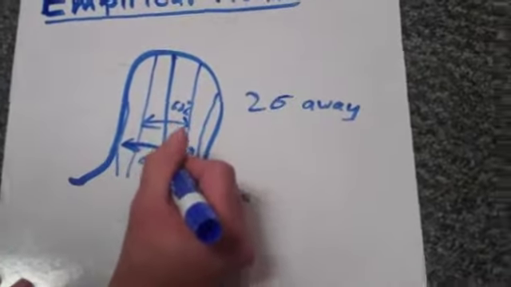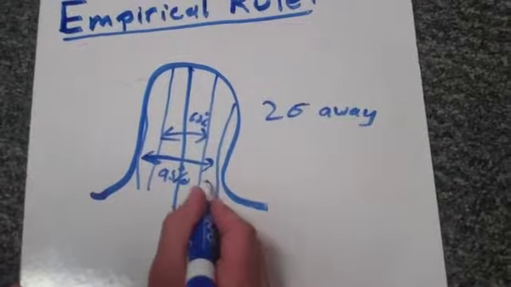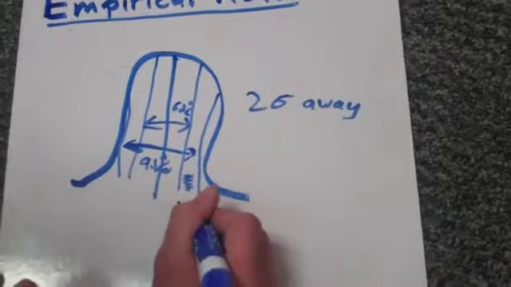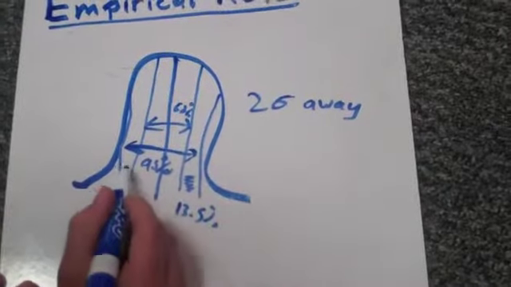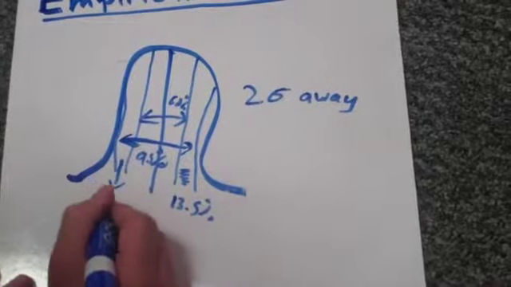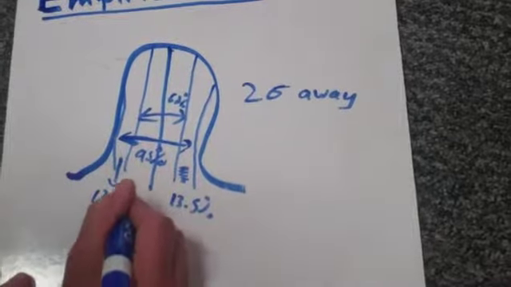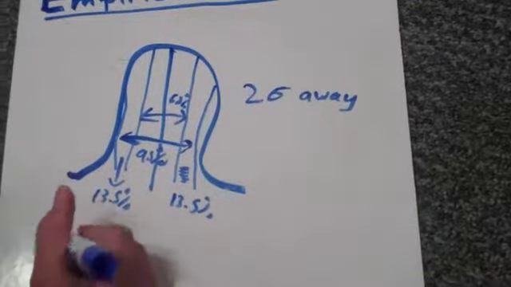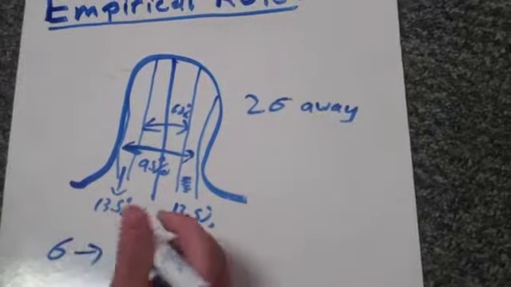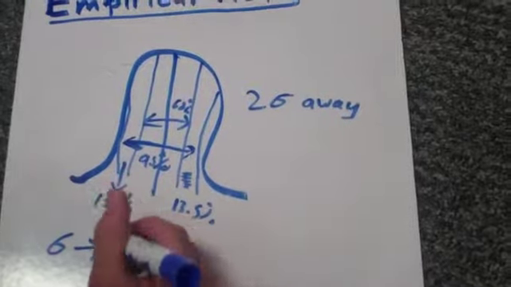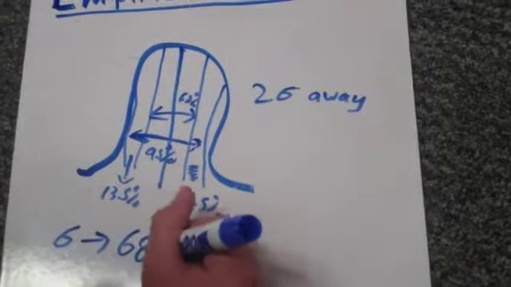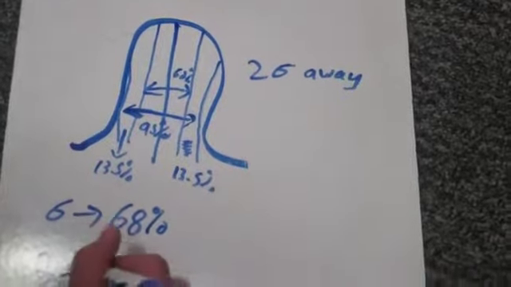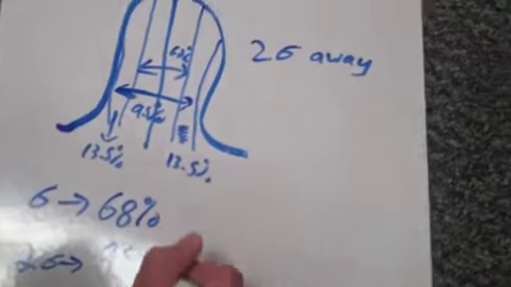Basically, within this portion right here, you will have 13.5% of the data, and here you'll have 13.5%. So if you have one standard deviation away from the mean, that's where 68% of our data will lie. 2 standard deviations, we will have 95% of our data.